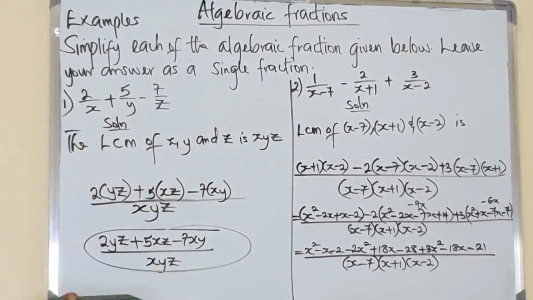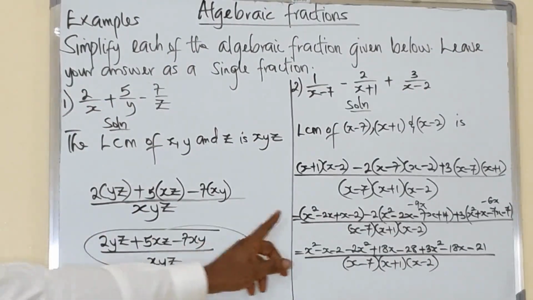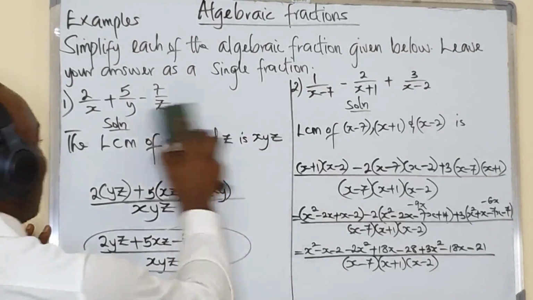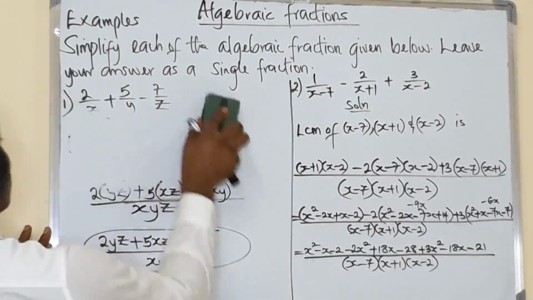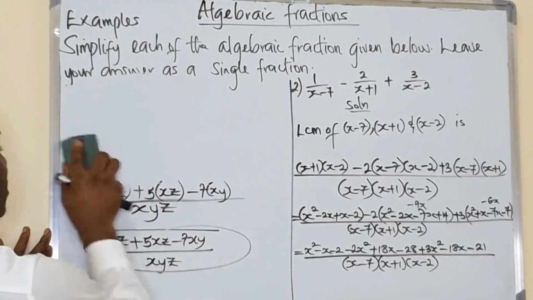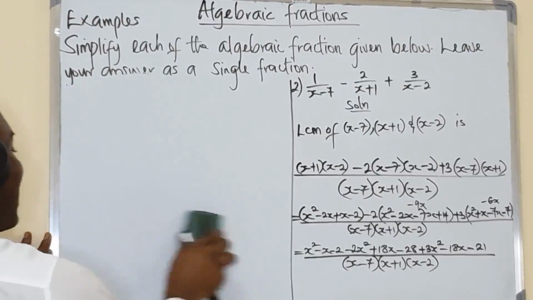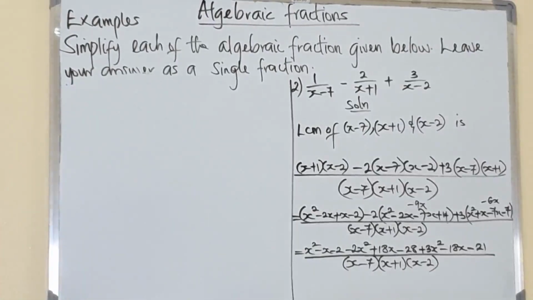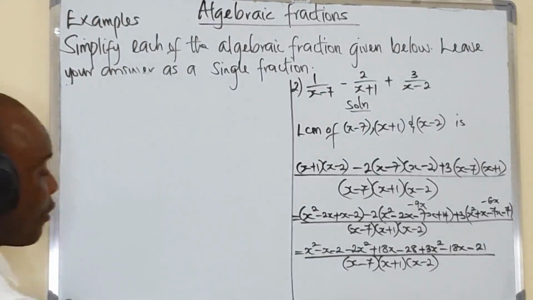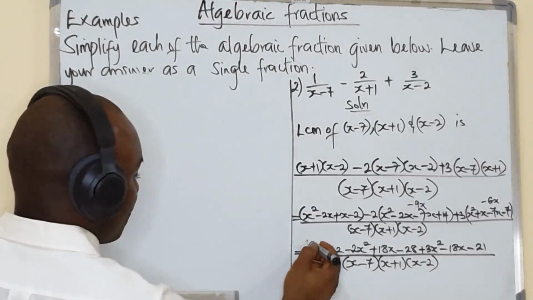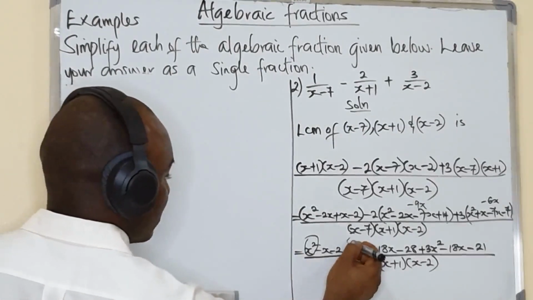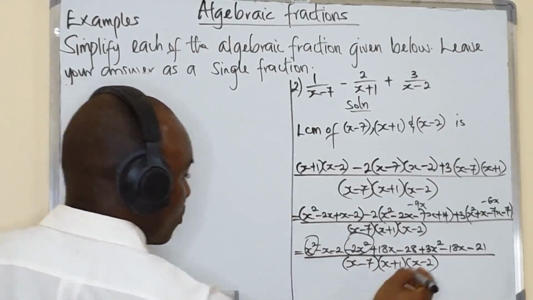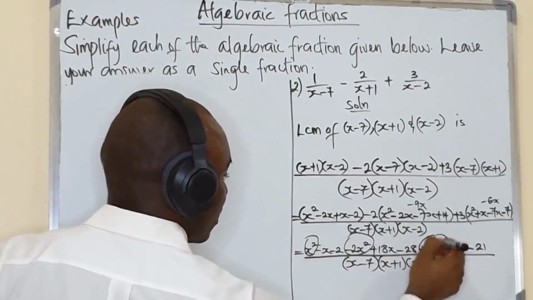Okay. Now at this stage, we can simplify the numerator. So to do that, we just create a space here. To simplify the numerator, all we need to do is more like collecting the like terms together and working them out. And so we will look out for the squares. First we have 1x squared here. There is minus 2x squared and there is plus 3x squared.